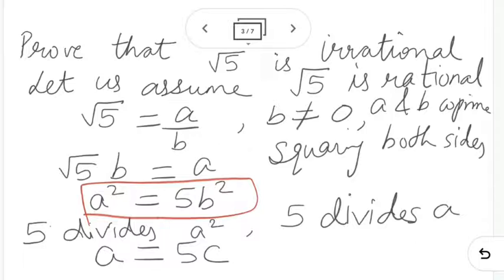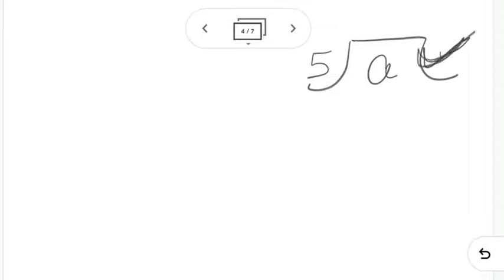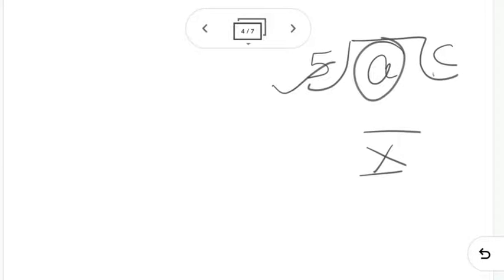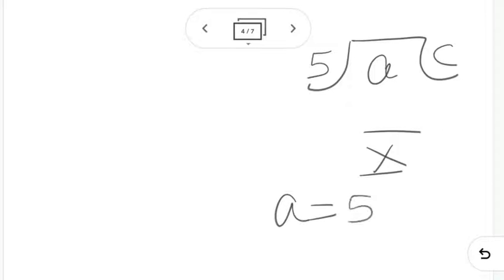We know when some number divides any other number, for example we have a number A and 5 divides it, then there will be some quotient. Suppose that quotient is C, and it divides completely, remainder is 0. Then we know dividend equals quotient into divisor. So we can write A equals 5C.